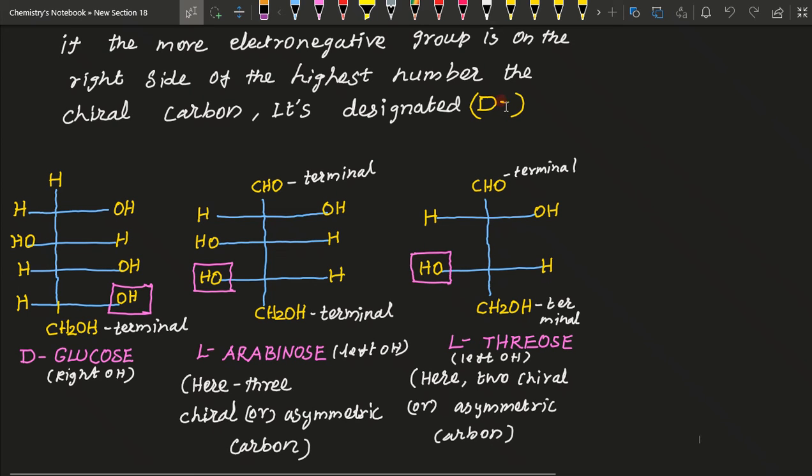This is not a negative charge, it is denoted by another attached group, any group like an alkyl group. Here this is the terminal carbon. This structure is D-glucose.